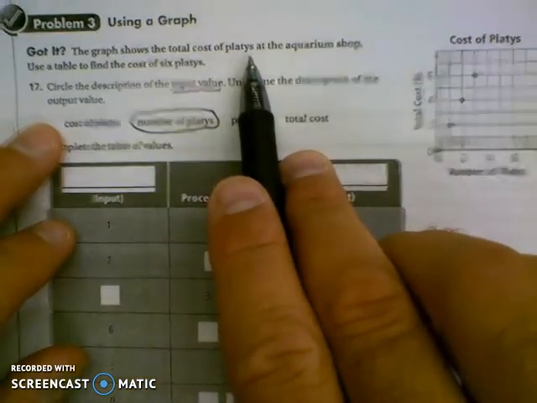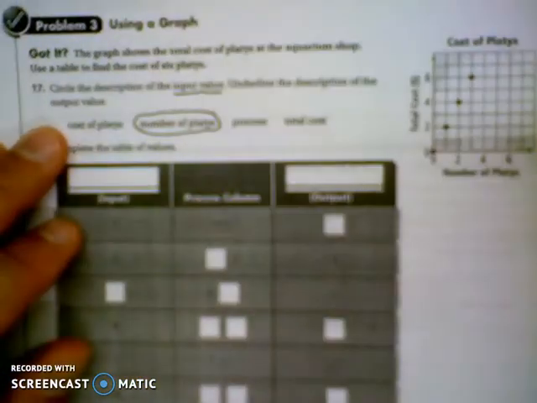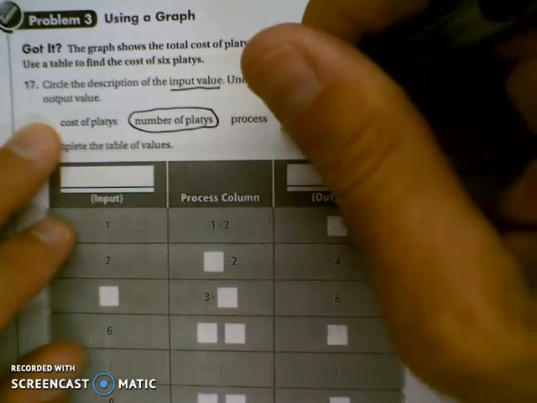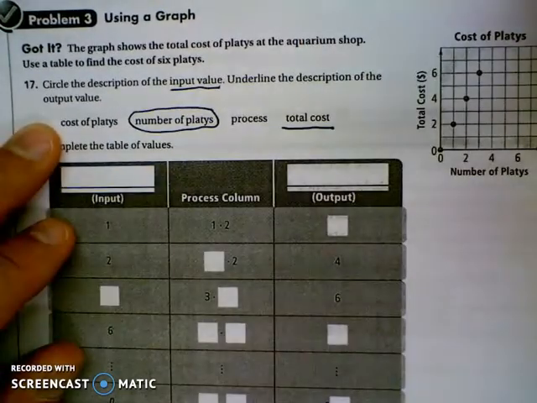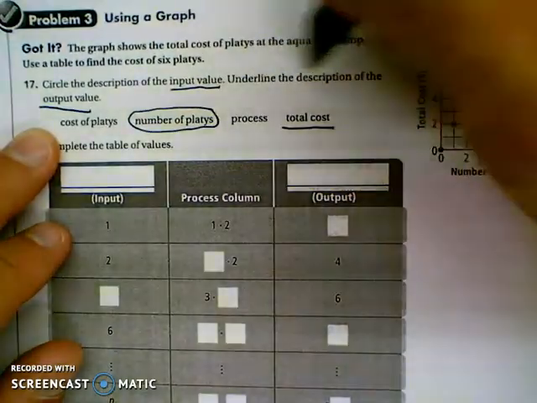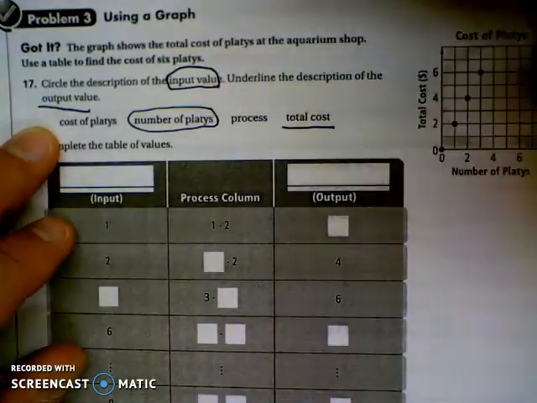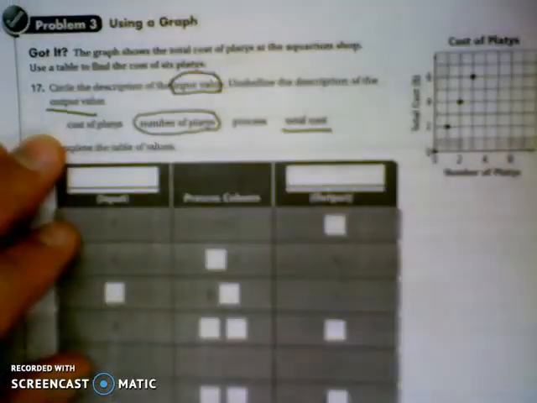I think it must be a fish or something at an aquarium shop. Use the table to find the cost of 6 plates. So the total cost is the output. In the underlined description of the output, circle the input. The input is the number of plates. The output is the total cost.